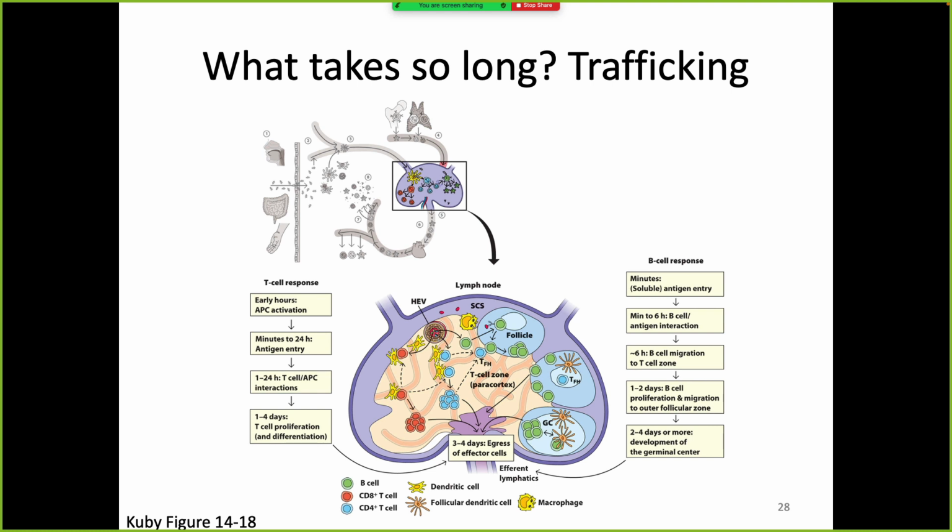And then the T cell isn't even going to start doing its thing for a couple days. Similarly, we can see that with B cells, we've got some migration issues, and then we've got proliferation and differentiation issues. And so our first topic, which I'm going to introduce today, and then we're going to talk about in more detail on Wednesday, is this transportation problem.